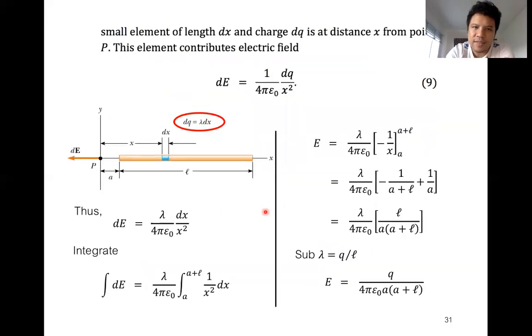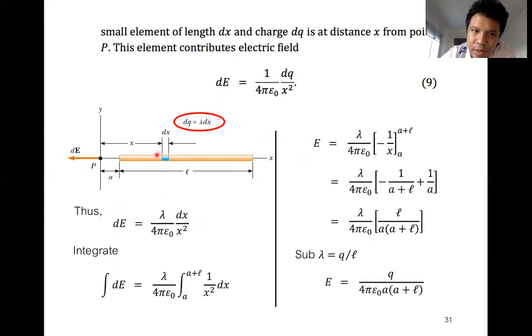After that, we consider the electric field from the small charge. So we change E to dE, and we change Q to dQ. Then we substitute dQ equals lambda dx into the same equation, Coulomb's law. The dE here is the electric field from only the small blue part.